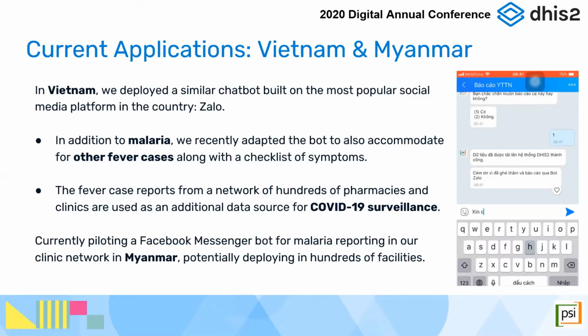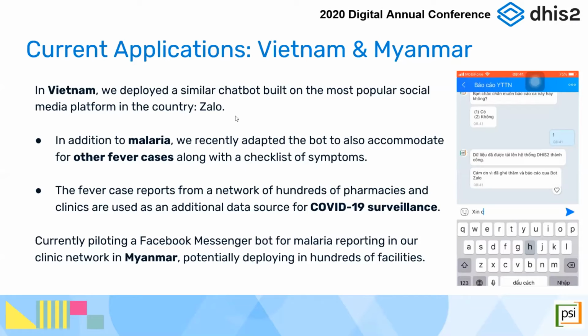This is part of the work we're doing as part of our Emergency Operations Center Strengthening Project in support of the National Ministries of Health, where we work towards strengthening overall disease surveillance and response systems. Again, the private sector has an important role to play here, with the potential to expand to other sectors as well. And actually in Myanmar, the first confirmed COVID case was detected in one of our clinics back in March.